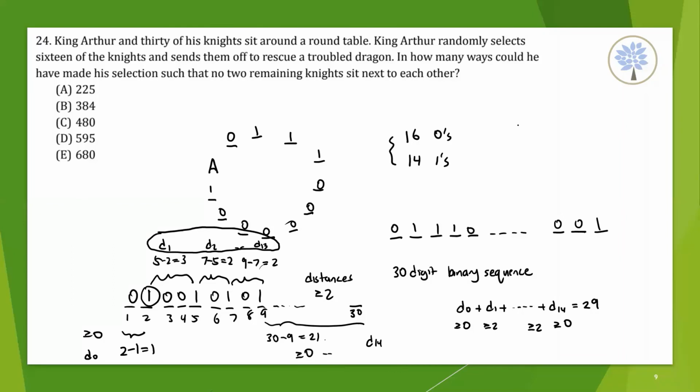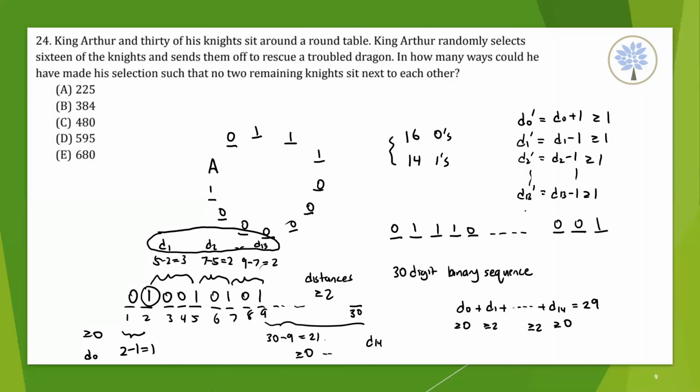So first, we're going to make d0 prime equal to d0 plus 1. And this is at least 1 by definition of d0. And we're going to consider d1 prime to be equal to d1 minus 1, which is also greater than or equal to 1, since d1 is greater than or equal to 2. And we're going to define d2 prime similarly to d1 prime, all the way to d13 prime, which is also defined similarly to d1 prime.